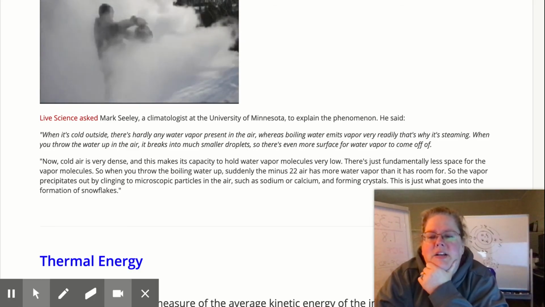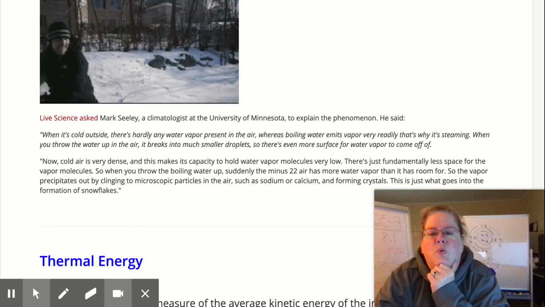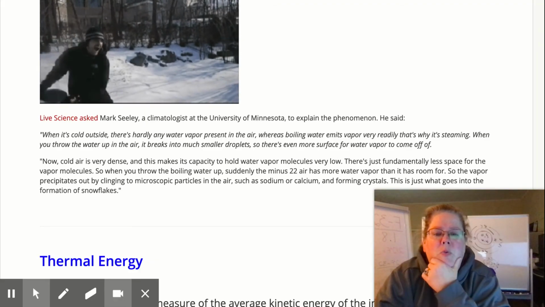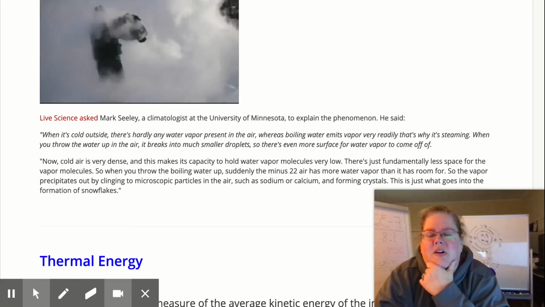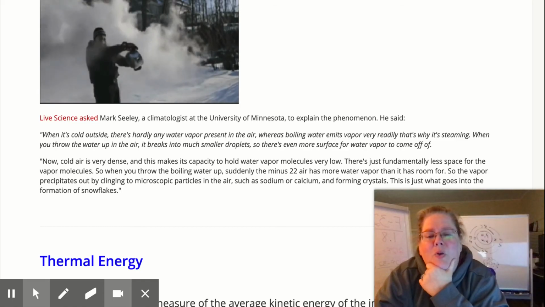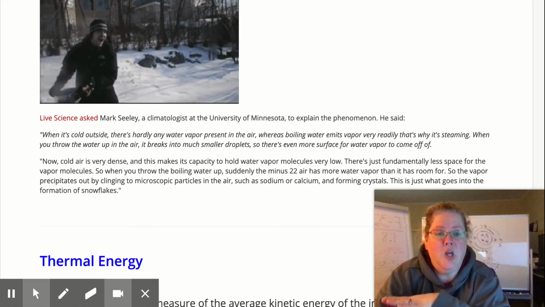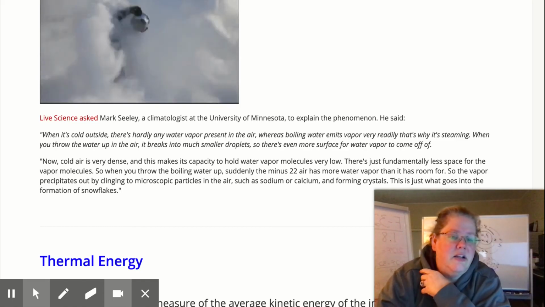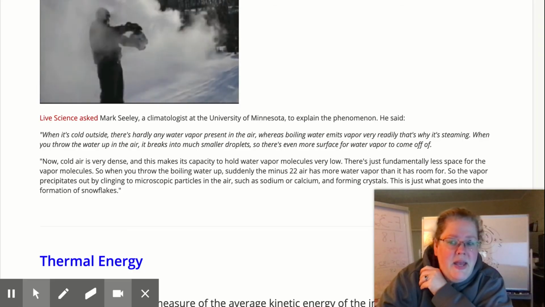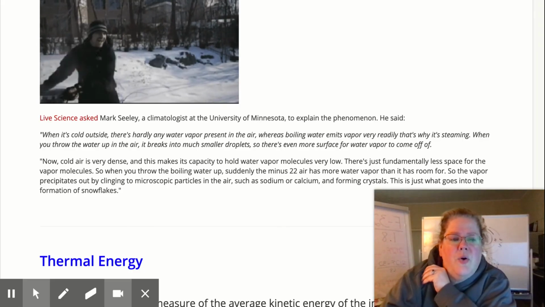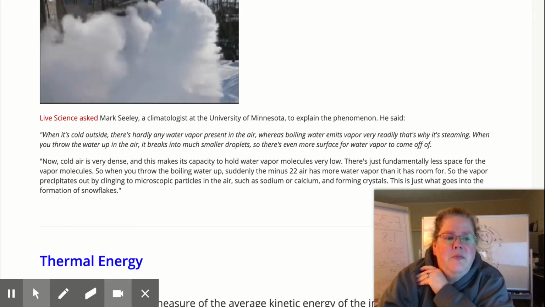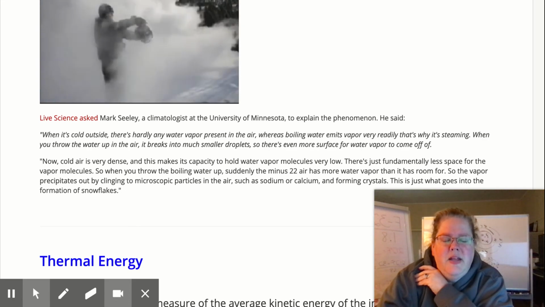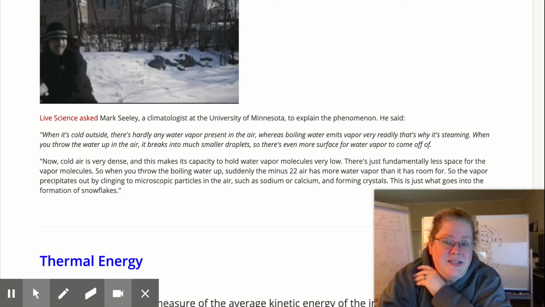Now, cold air is very dense, and this makes its capacity to hold water vapor molecules very low. With fundamentally less space, the vapor doesn't have anywhere to go, so it wants to condense.